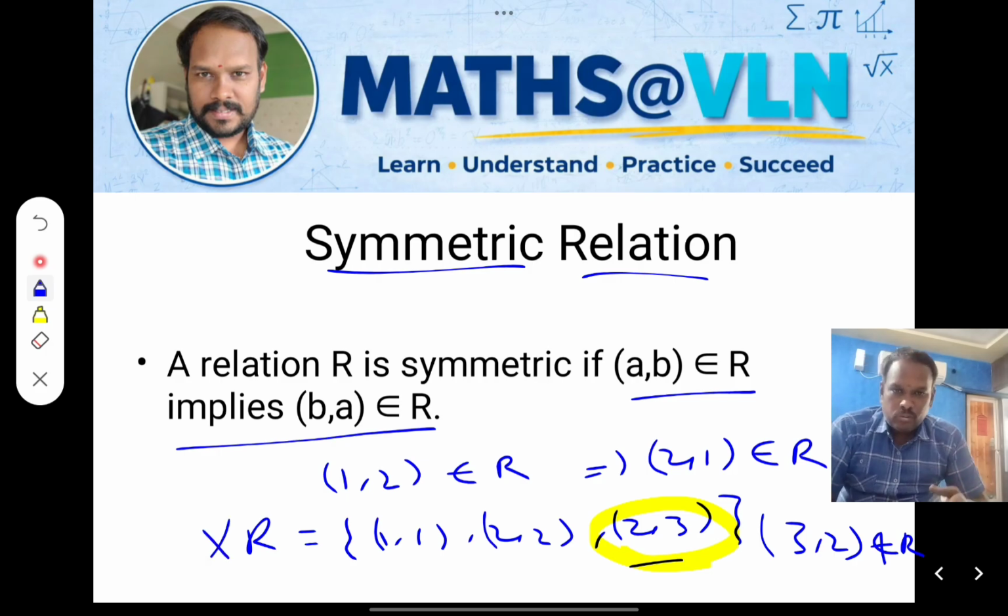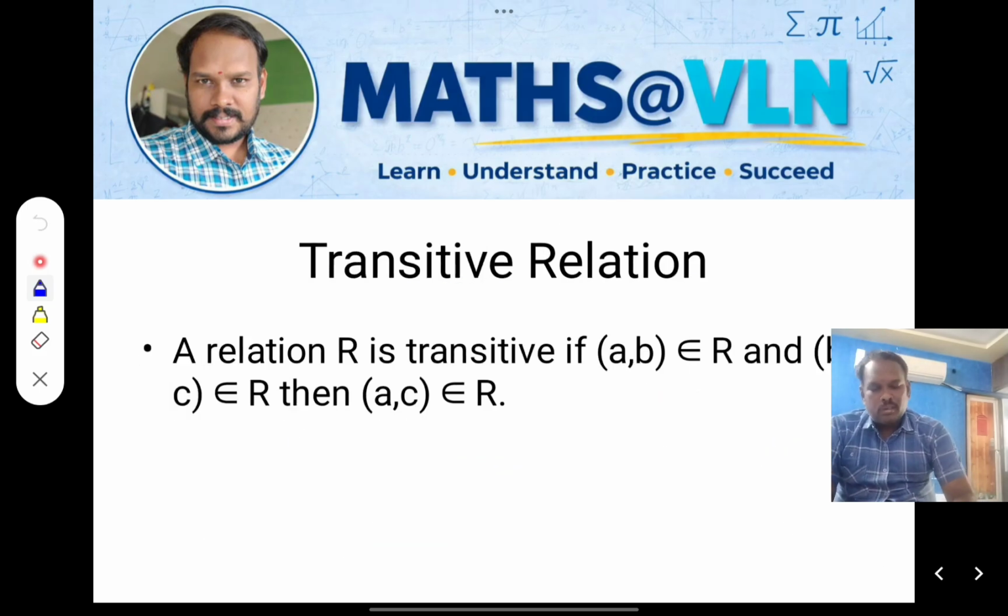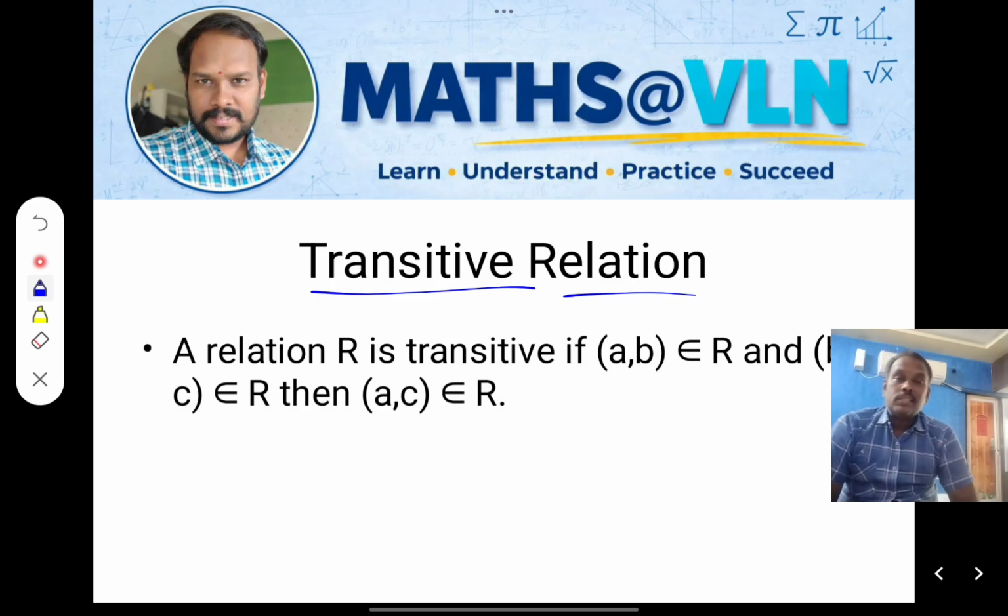Like that, you have to analyze the question and try to answer, and moreover you need to check whether it is reflexive or symmetric or transitive. Now we are moving to transitive relation. What is a transitive relation?